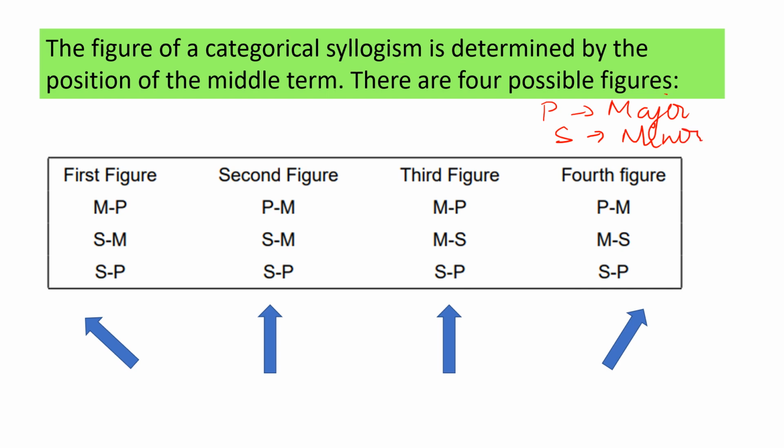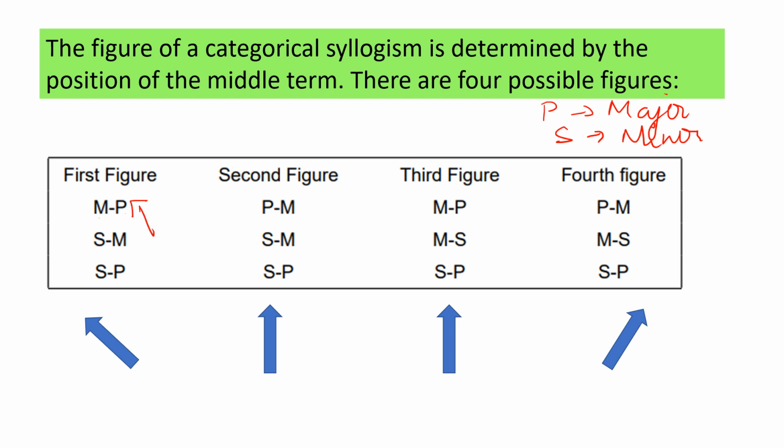So here the statement is like M is the middle term, then P is the major term, S is the minor term. So here the position is like this. The first figure has the position of the middle term like this. So this is the first figure.